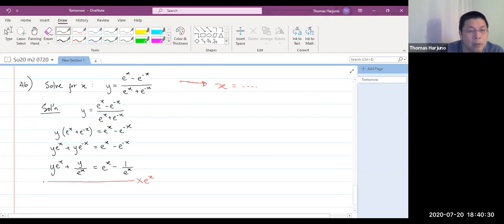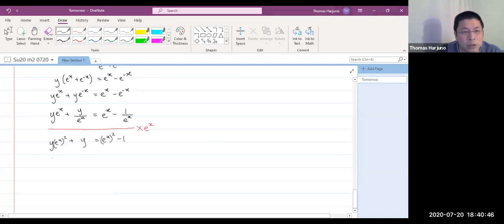Now when I multiply by e to the x, then I get y e to the x times e to the x, that's squared, plus y equals e to the x being squared minus 1. But e to the x being squared is e to the 2x. Now remember, the goal is we need to solve for x, right?